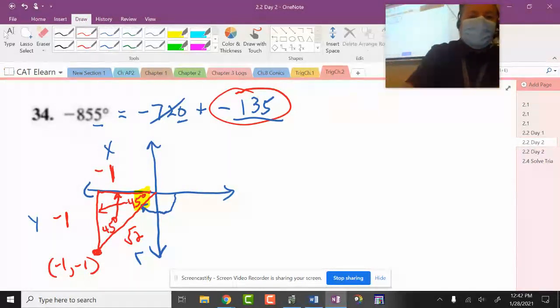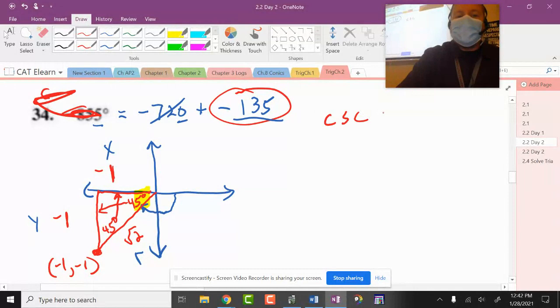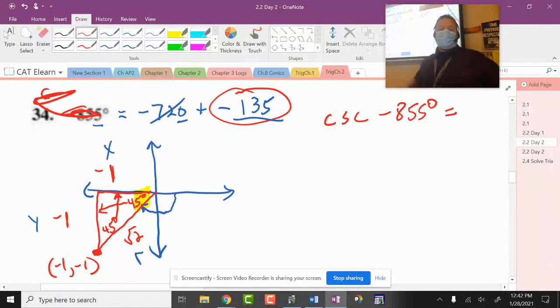Oh shoot! I never put anything. I'm sorry. Let's pick our favorite. Let's say like cosecant. So what we're finding is the cosecant. I just picked that out of my strange brain. And what does that equal to? Alyssa, what's the final answer? By the way, Alyssa, who's cosecant related to? Sine or cosine or tangent?